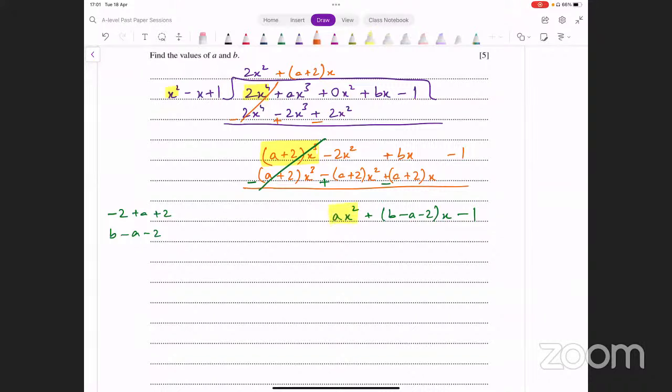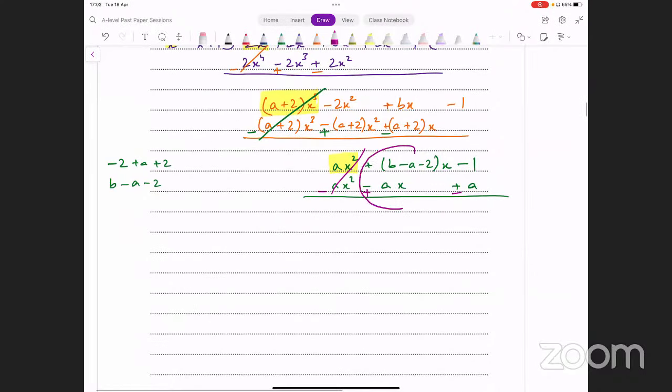It will have to be multiplied by a now. So you have plus a here, and that gives you a into this whole thing, which is ax squared minus ax plus a. Change the signs again. This becomes minus, plus, minus. This thing gets cancelled.